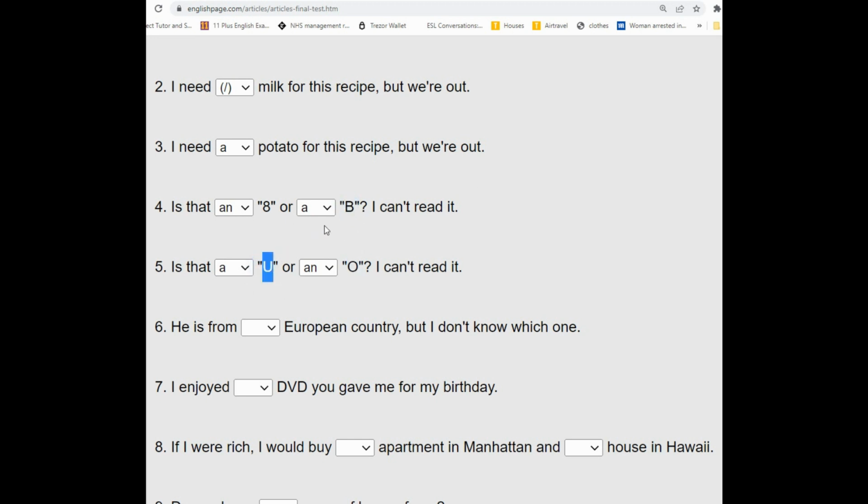U starts with a Y, a consonant sound, a Y, a U. And so U is a U, but an umbrella, a university, but an understanding, something like that. We have an understanding, we have an agreement. Agreement also starts with a vowel, so that should be clear.